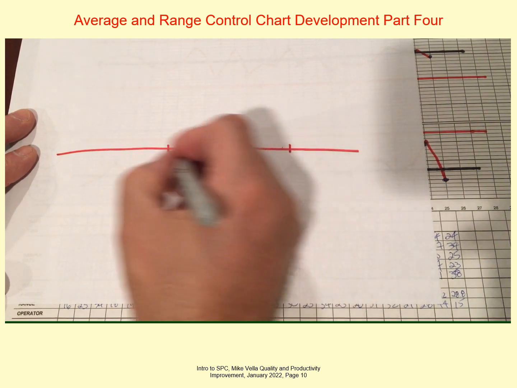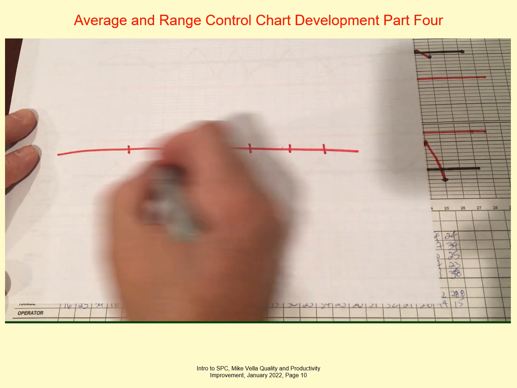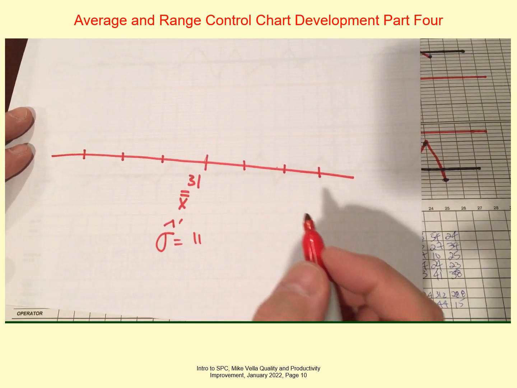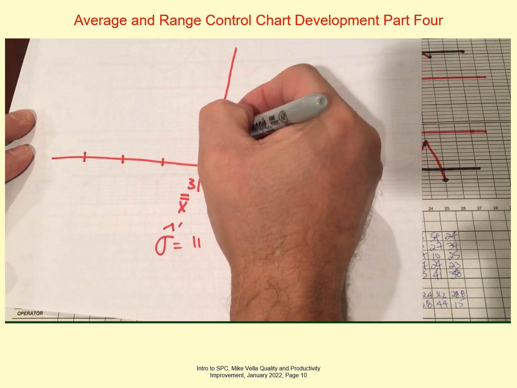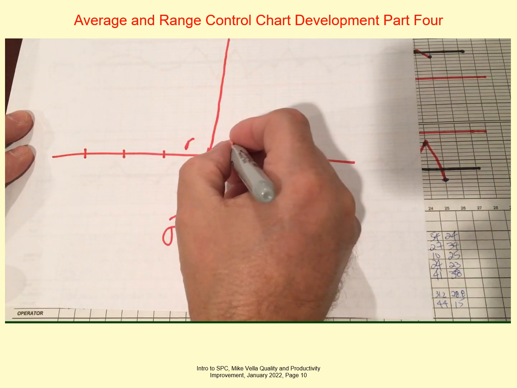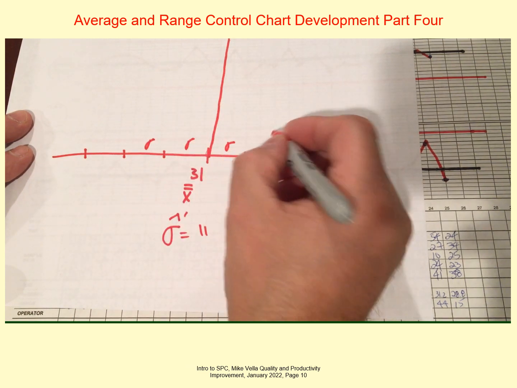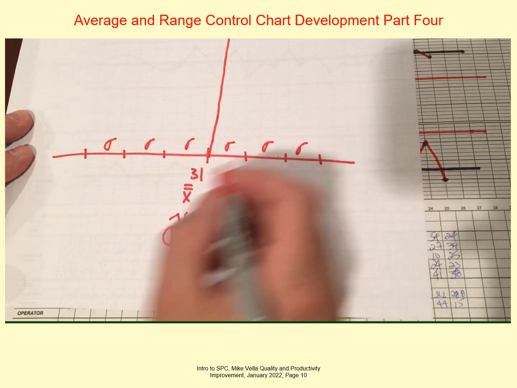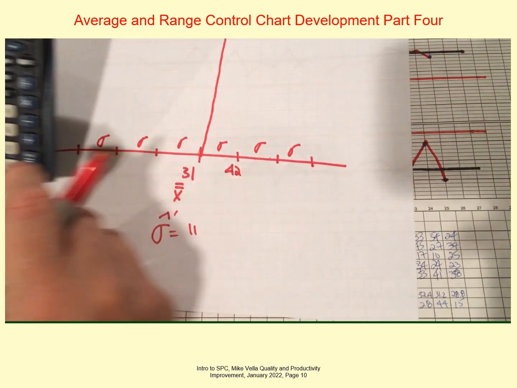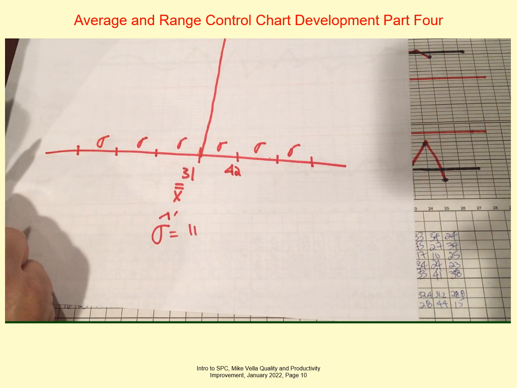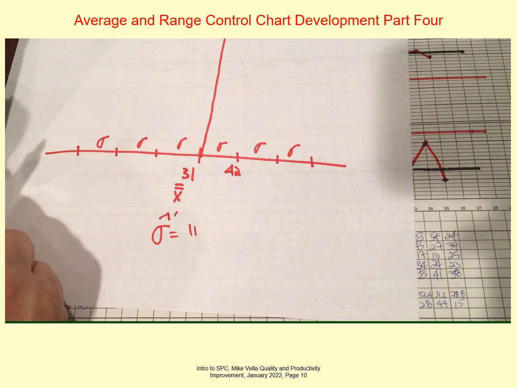So as we talked about earlier, if we talk about a normal curve with, these are all 11, so let's just use a little bit of our calculator. 31 plus 11 is 42. 42 plus 11 is 53.